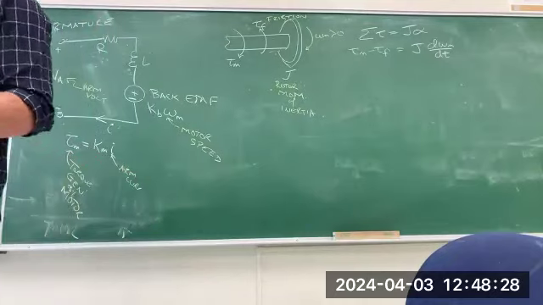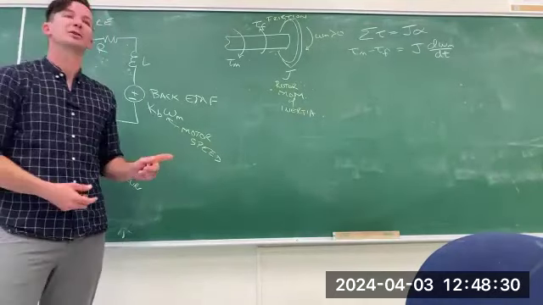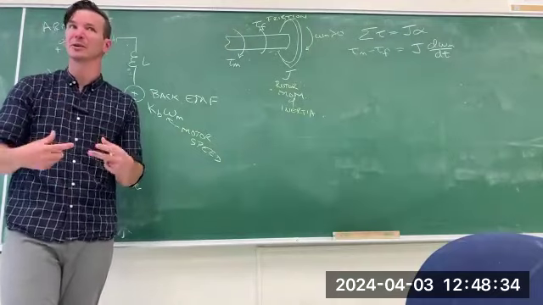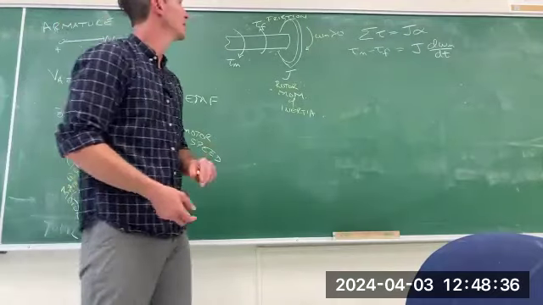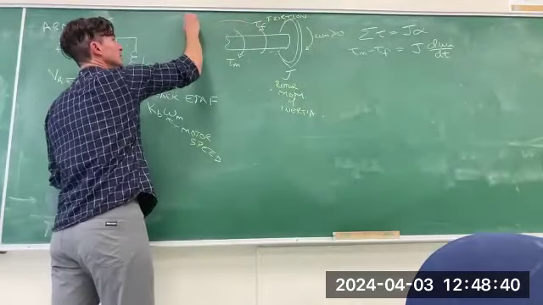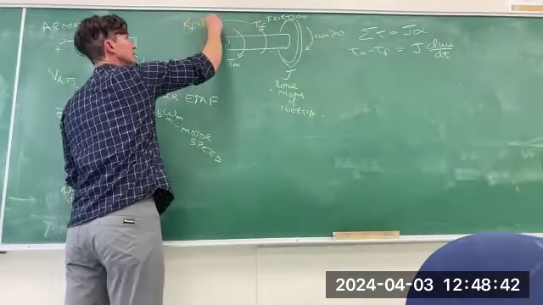I'd like to make one simplifying assumption here, and that is the friction is going to be proportional to speed. As the shaft spins faster, it experiences more friction. This is called a viscous friction model. So our tau f is going to be proportional to speed.